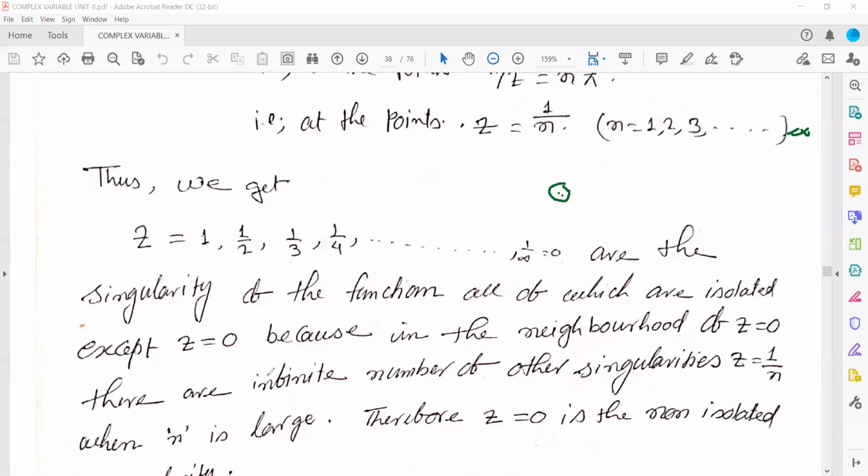And so z equal to 0 is a non-isolated singularity. But remaining all singularities, except z equal to 0, are isolated, and z equal to 0 is the non-isolated singularity.